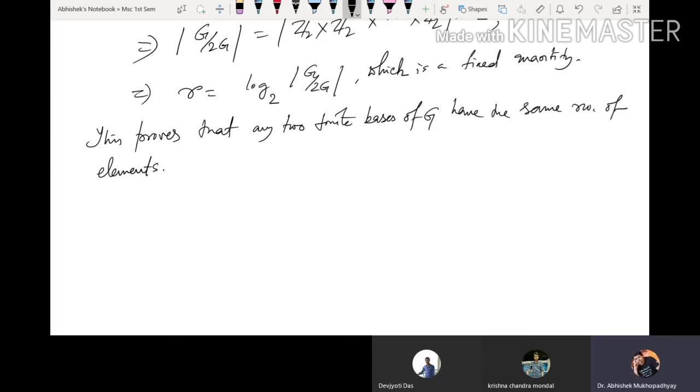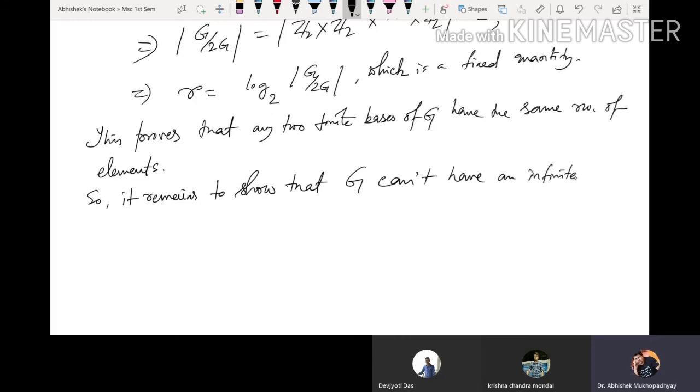So it remains to show that G can't have an infinite basis also.